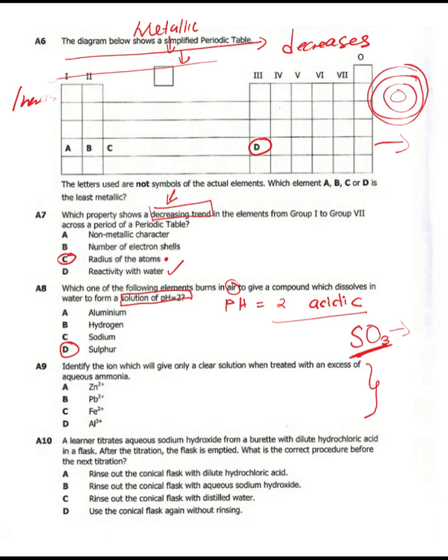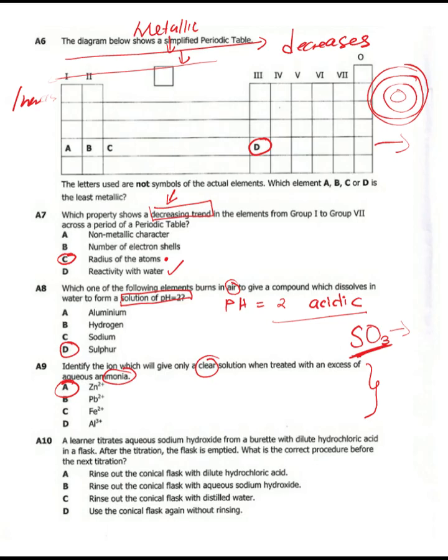You can even download it on Google. Just go and type qualitative analysis for ions, and they will bring it for you. Nevertheless, a clear solution with ammonia is usually what? Zinc. I know it personally. There's not much to explain. You just need to master that same chart.